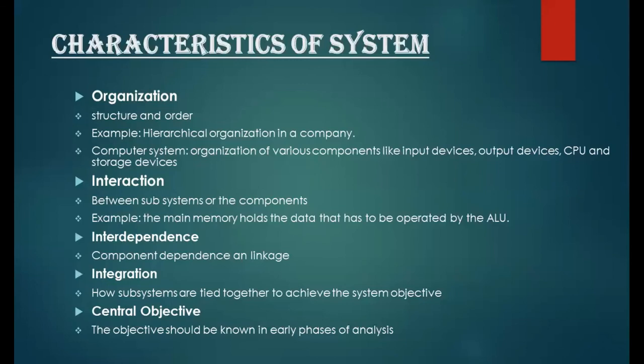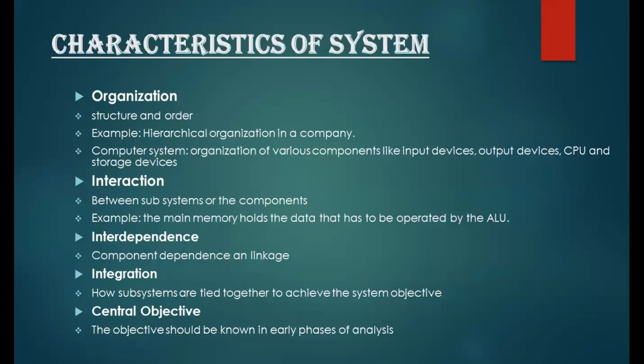The ALU gets this data from main memory, which holds it and supplies it to the ALU, and then the ALU processes it. Finally, the information derived from that data is sent back to main memory and stored there temporarily to show the output on the output devices.